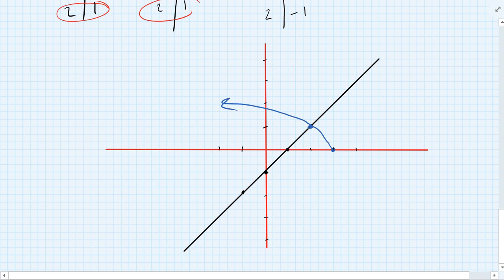Being an algebra teacher, going up 1, right 1, going up 2, it should go to this point right here. So it goes up to that one right there. So it should go like this.